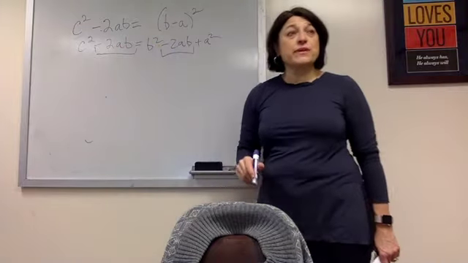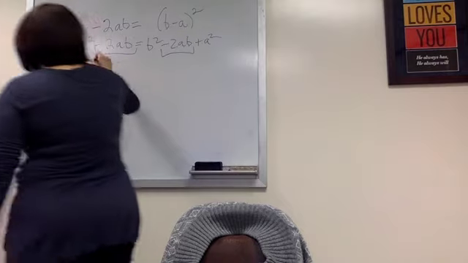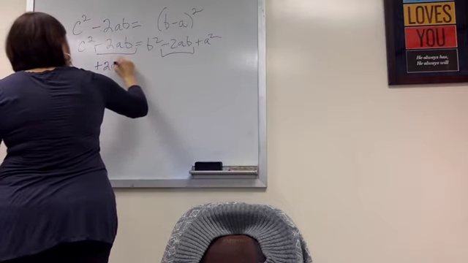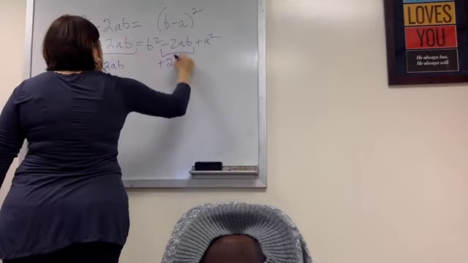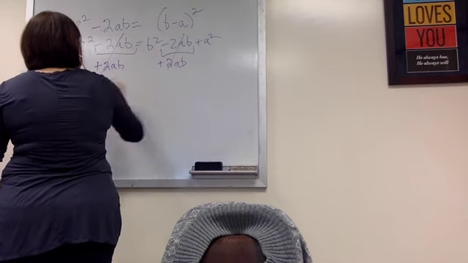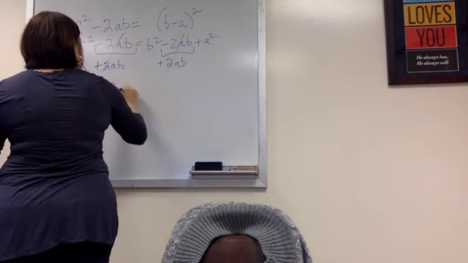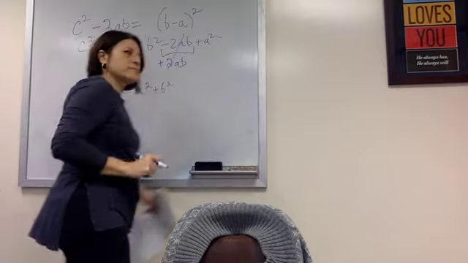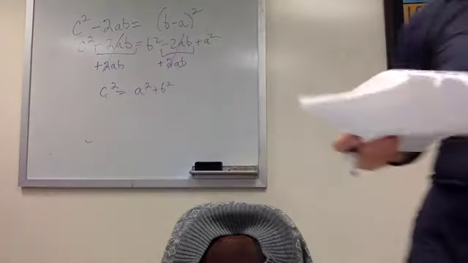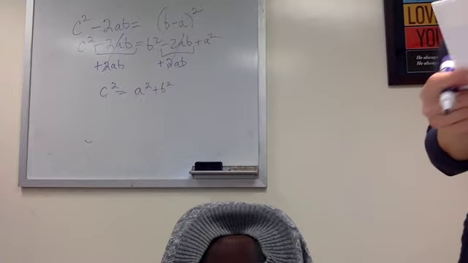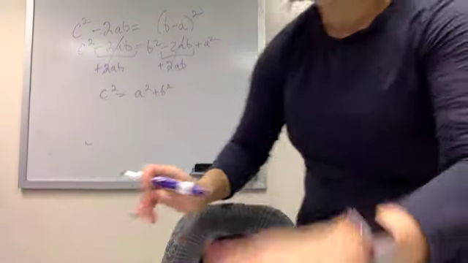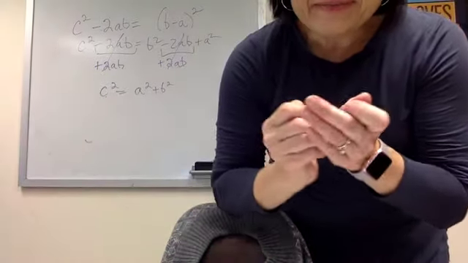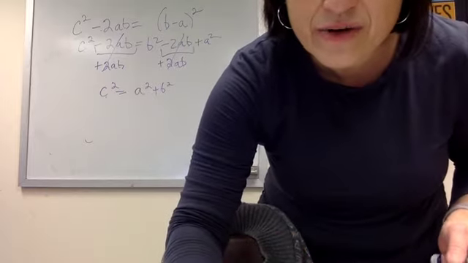So what if I add 2AB to both sides? These go out, this goes out, and I get C squared equals A squared plus B squared. There you go, there's the Pythagorean theorem. It's very satisfying. All right, let's go on to trig.